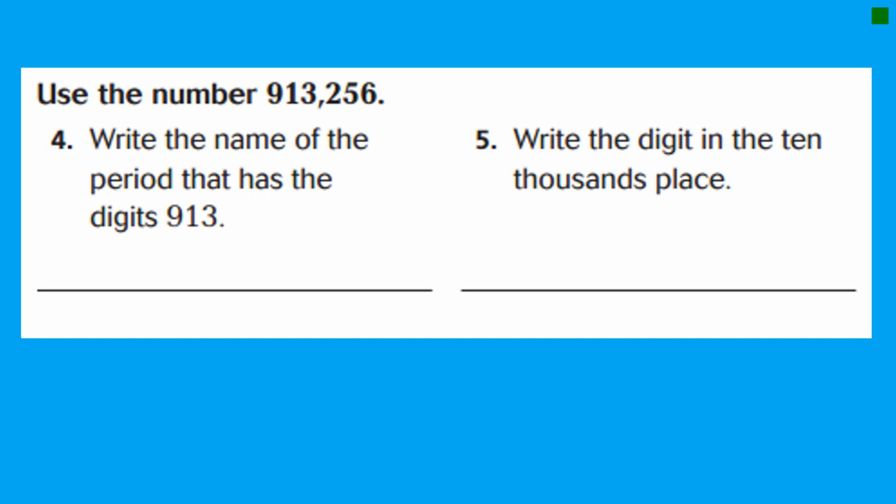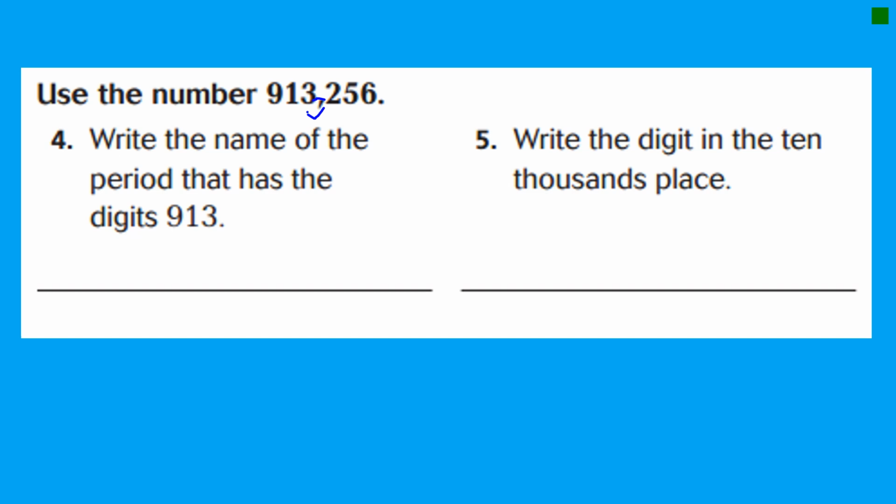All right, I'm just moving on now to number 4 and 5. Now, it's really important to read the directions because they tell you a certain number that you have to work with. It says, use the number. Now, remember what Mrs. Olvey said about the commas here.